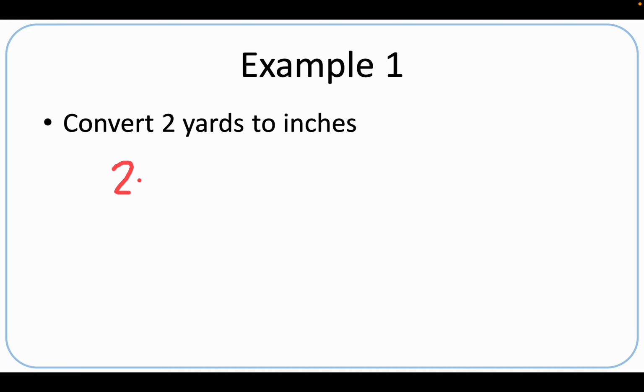Okay, so first we're going to convert our yards to feet. So 2 yards times 1 yard is equal to 3 feet. So when we do that, our yards cancel out, but we still have feet as our units.